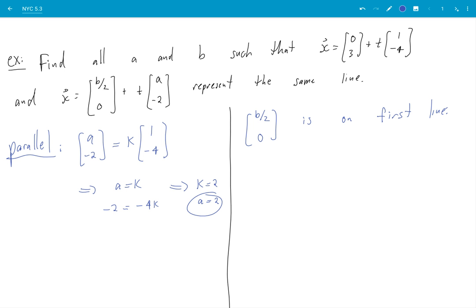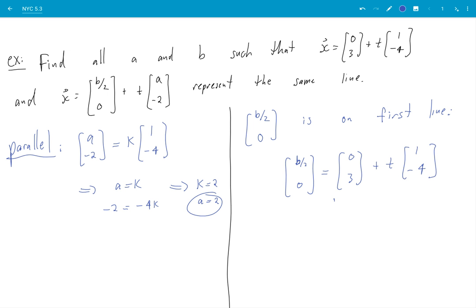So I'll say it like that. The vector b over 2, 0 must be on the first line. So b over 2, 0 has to equal 0, 3 plus t times 1, minus 4 for some value of t.